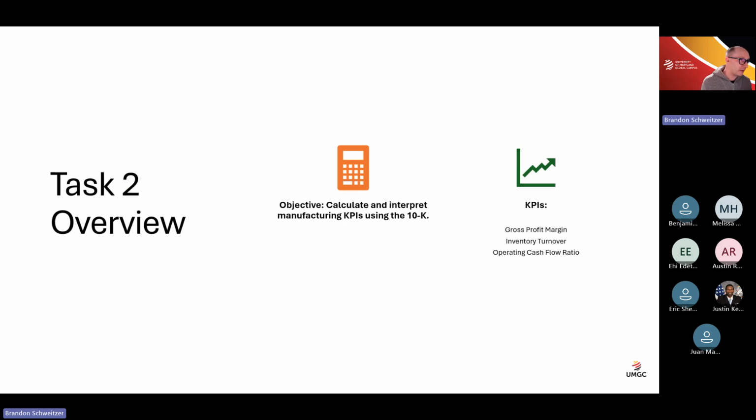That's at least how I look at these three KPIs. Because they're very specific to manufacturing, they really are great indicators when it comes to understanding the company's ability to invest in itself for future growth.